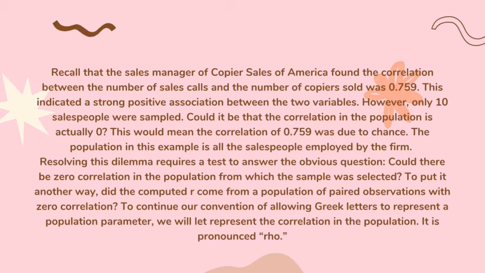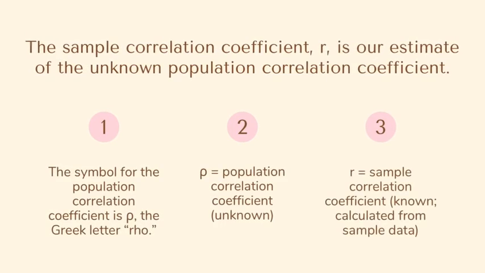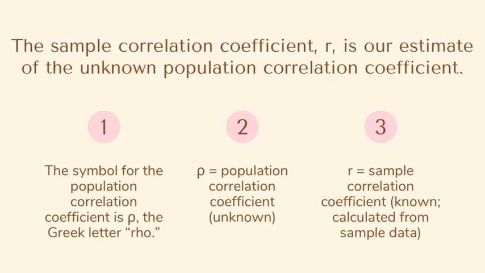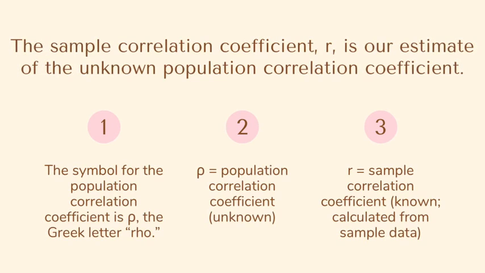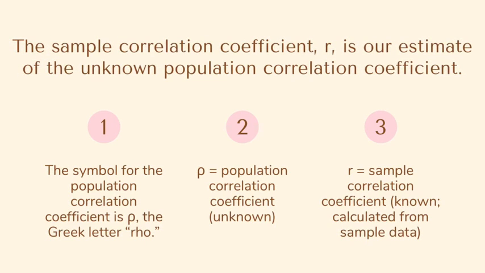To continue our convention of allowing Greek letters to represent a population parameter, we will represent the correlation in the population. It is pronounced rho. The sample correlation coefficient R is our estimate of the unknown population correlation coefficient.